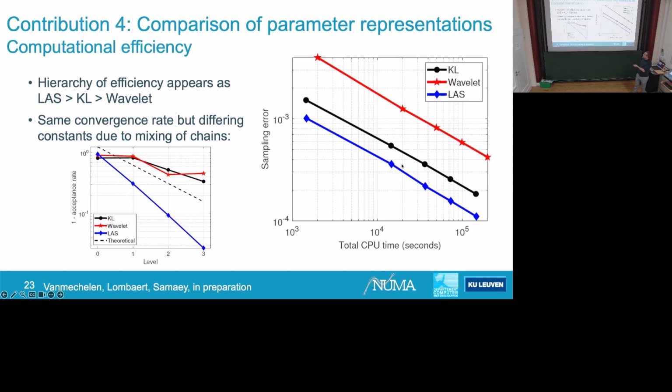And part of the explanation has to do with the acceptance rates. With local average subdivision, we see that, so this is 1 minus the acceptance rate, so this is the rejection rate. The rejection rate at lower levels is much lower for local average subdivision. So with this parameter representation, we get a better mixing chain, basically. And so that's where the efficiency comes from.